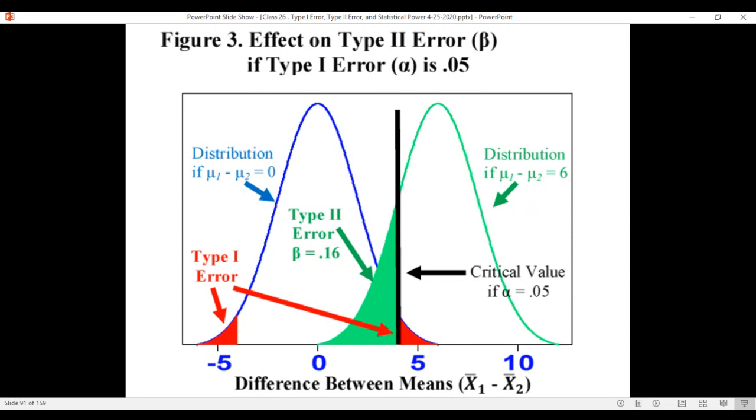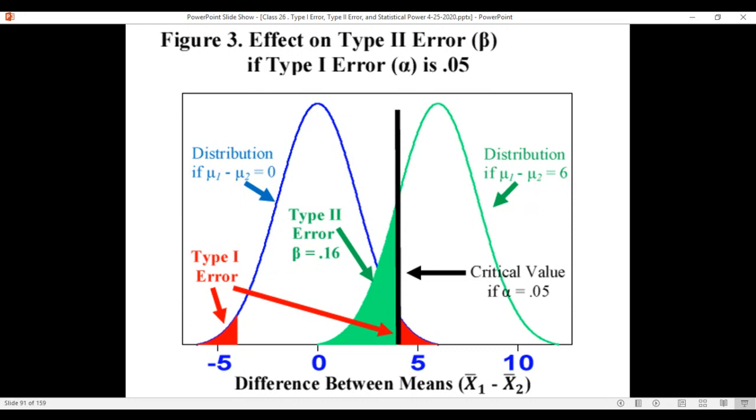And what is the area of the critical region? Remember? Well, it said alpha is 0.05. That's up at the top of the slide. So alpha is also the area of the critical region.